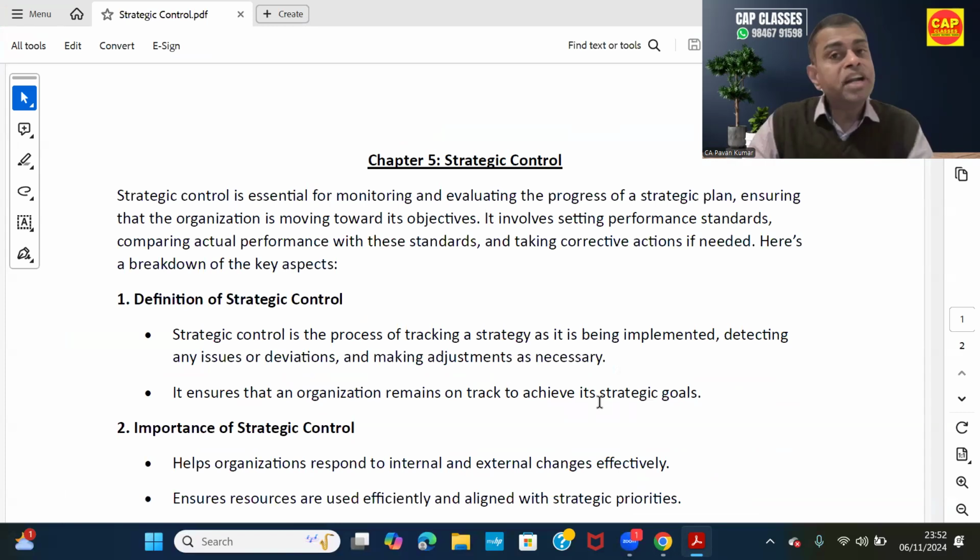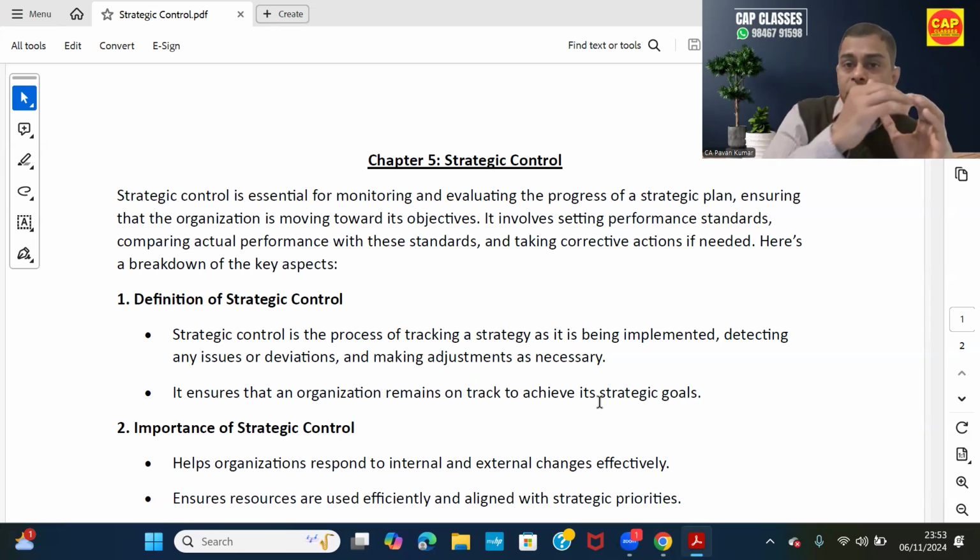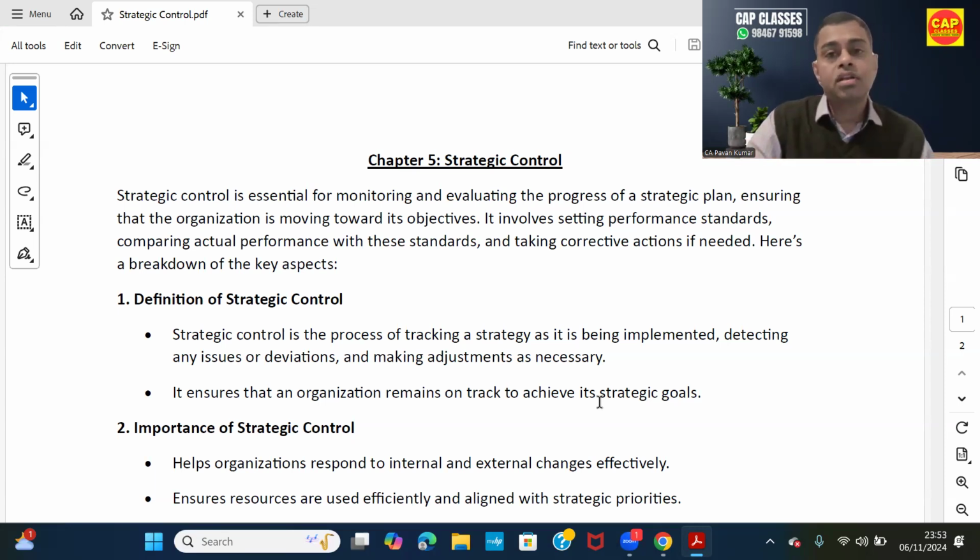The functions of management are explained there, and I gave you an acronym, POSTCARD. You can remember all the functions of management: P, planning; O, organizing; S, staffing; D, directing; C, controlling.